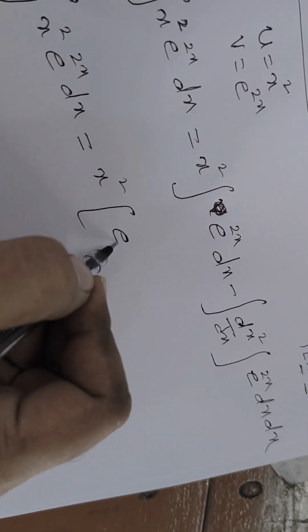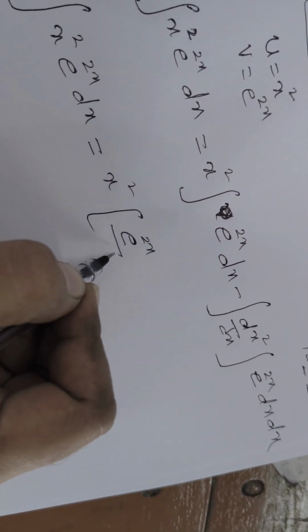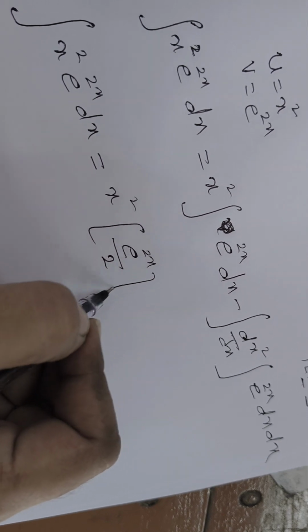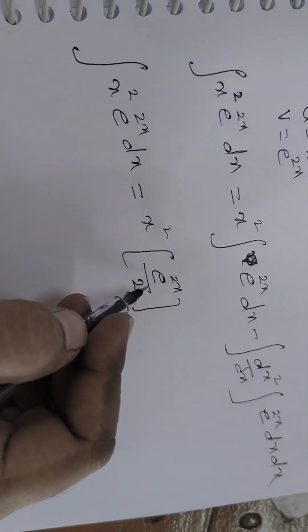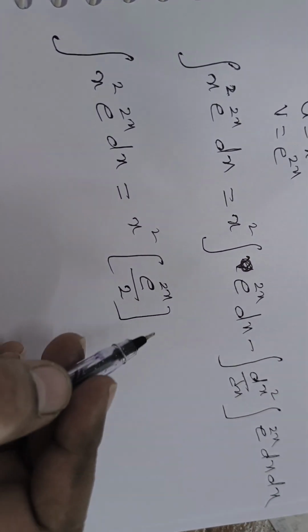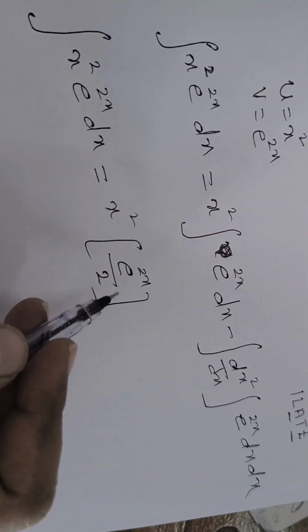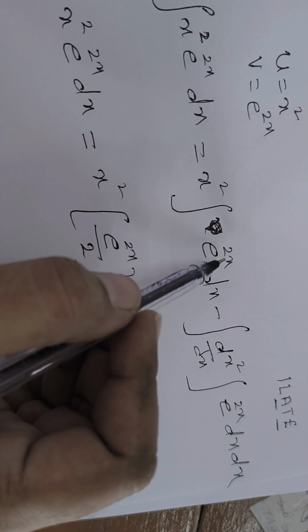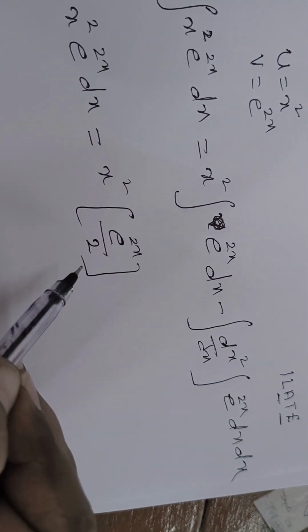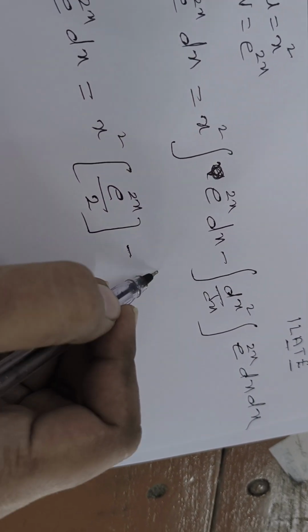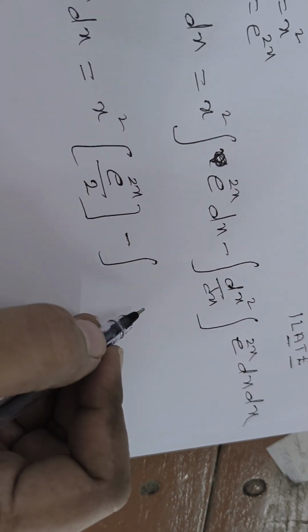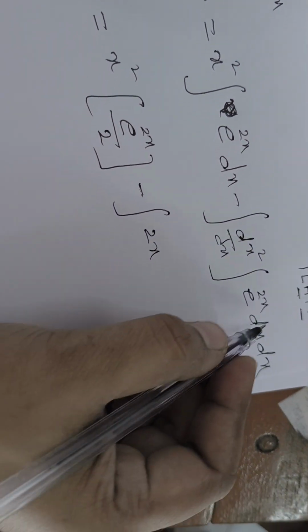So we will write e to the power of 2x by 2. When we differentiate we multiply with the coefficient, and when we integrate we divide with the coefficient of x. So it becomes e to the power of 2x by 2, minus integral, the derivative of x square is 2x.